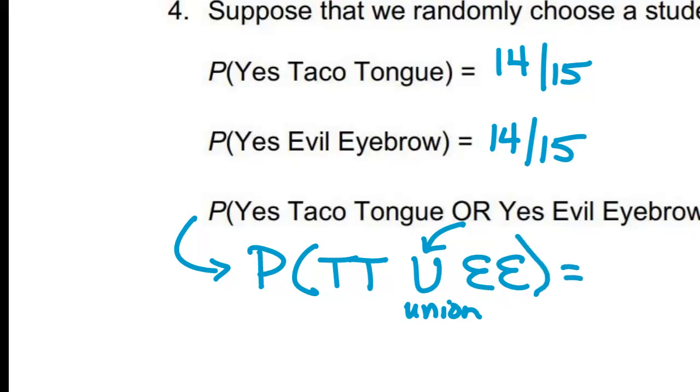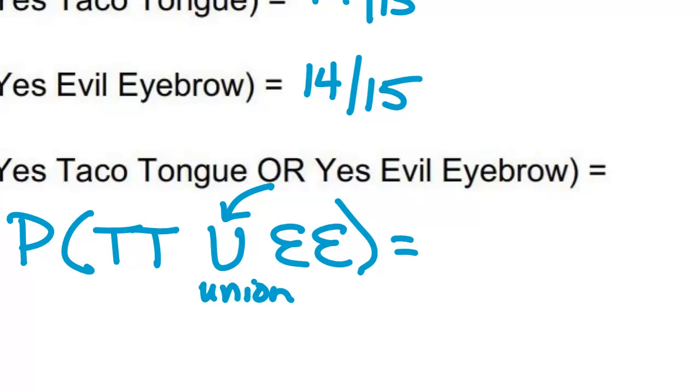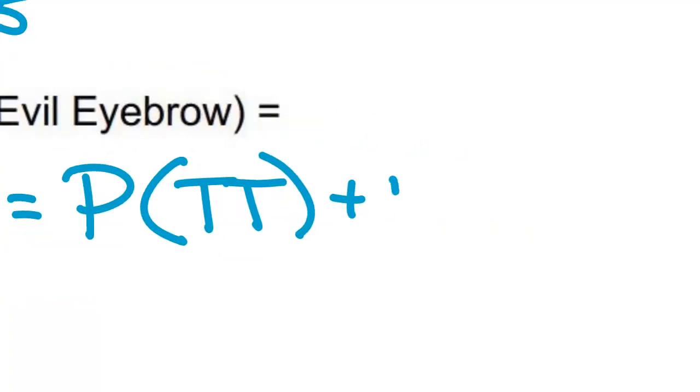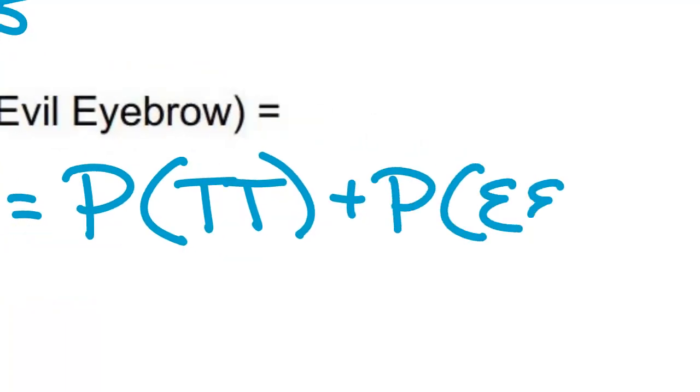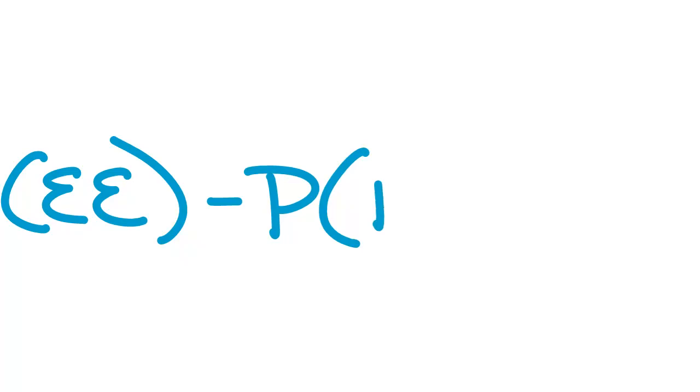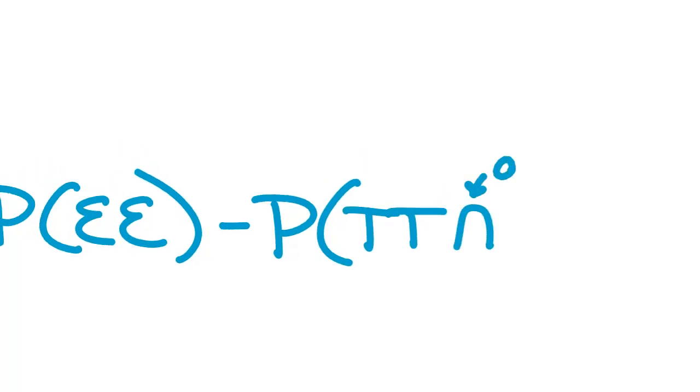Can I just add those together and say that that means it's 28 out of 15? You got to subtract what? The ones that are double counted. So I'd have the probability of taco tongue plus the probability of evil eyebrow minus the people that I counted twice because they were part of both circles. The probability of taco tongue intersection evil eyebrow.